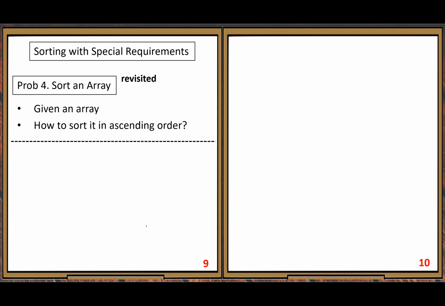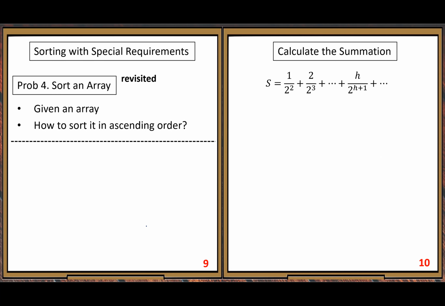All right, right here, calculate the summation S. A little different.